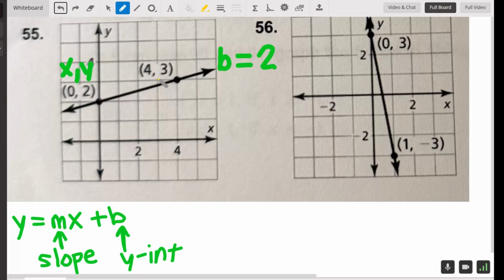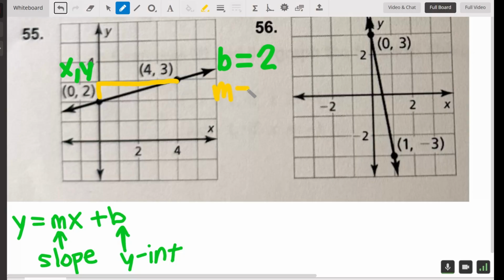If I just count the rise over run, my rise would be 1, positive. My run would be 3 units. I'm sorry, 4 units. So my rise is 1 unit. My run is a positive 4 units to the right there. So what is that?